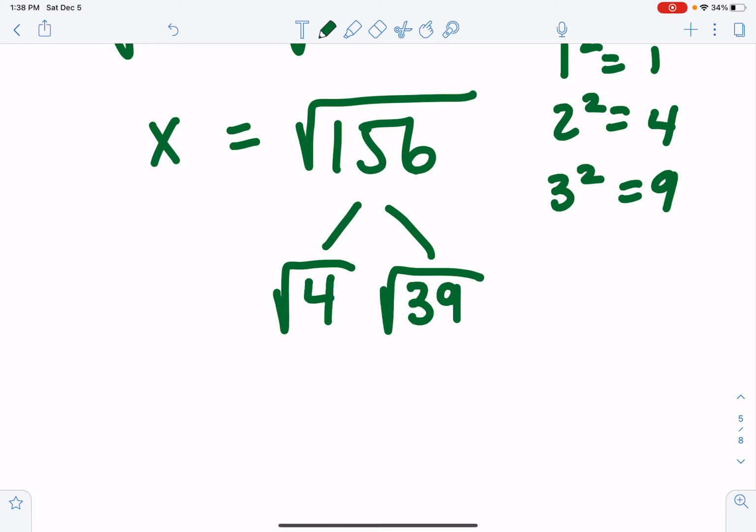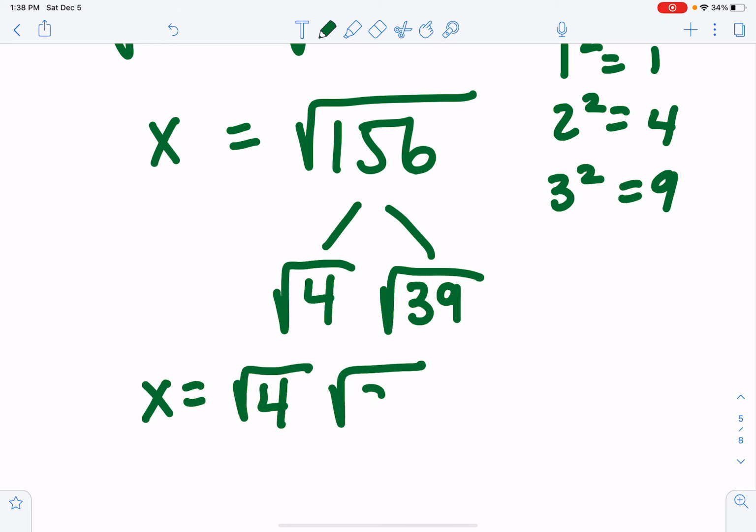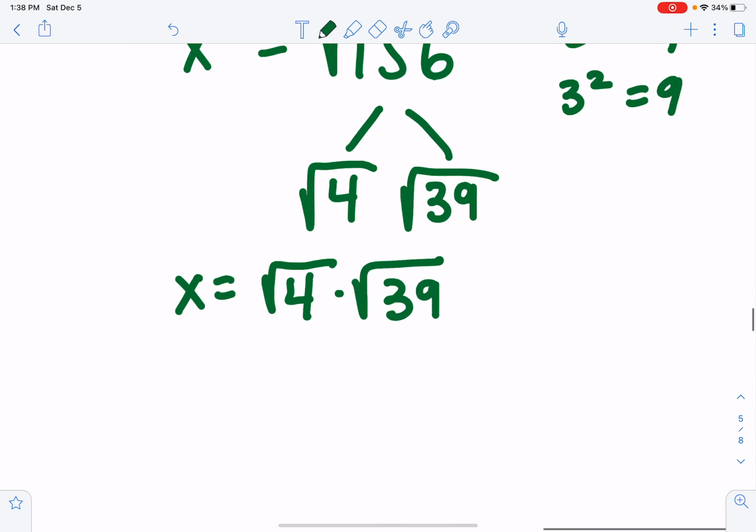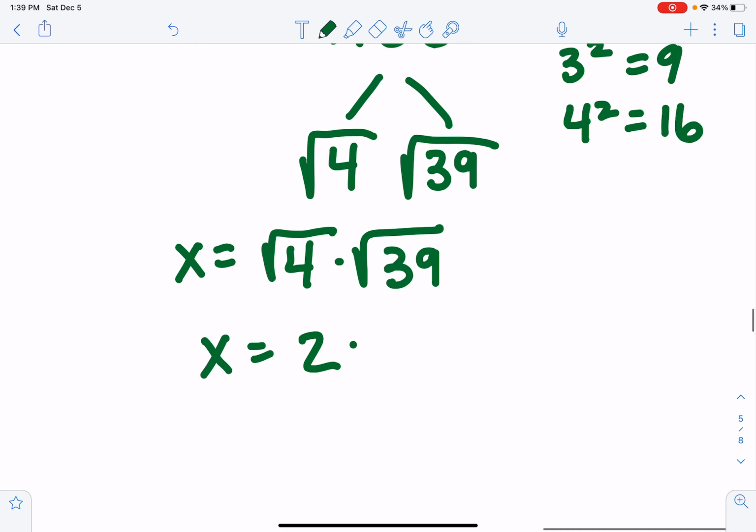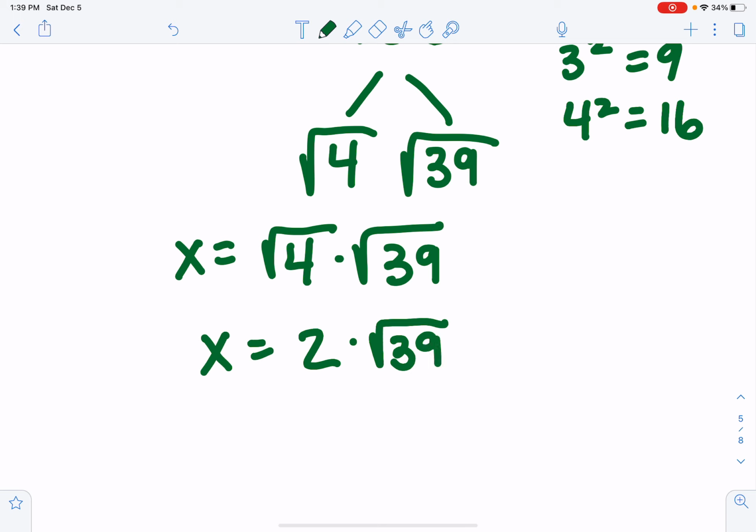So the square root of 156 is the same as the square root of 4 times the square root of 39. The square root of 4 is the number 2, and then 39 is 13 times 3, none of which are perfect squares. So I'm just going to leave that.